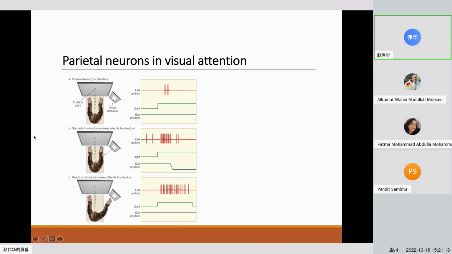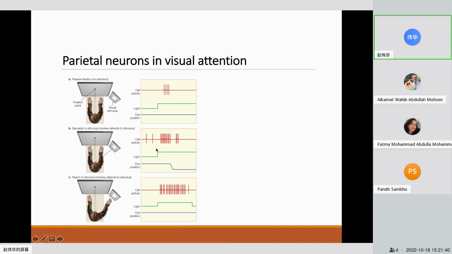And for figure B, when the monkey has the task of making a saccade eye movement to the target when it appears, the neurons showed increased firing to the stimulus.